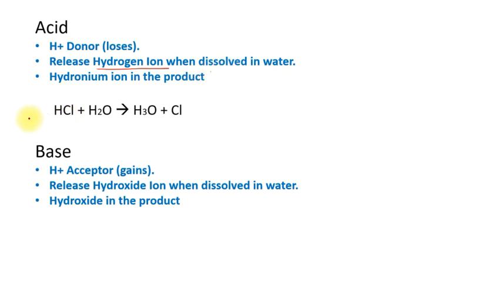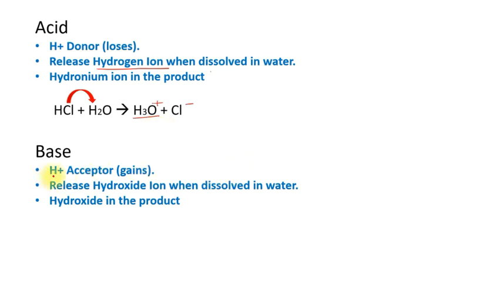It could be different acids. Gotta draw a plus and minus here. There we go. And the acid donates the hydrogen ion, and then you see hydronium, H3O, in the product.